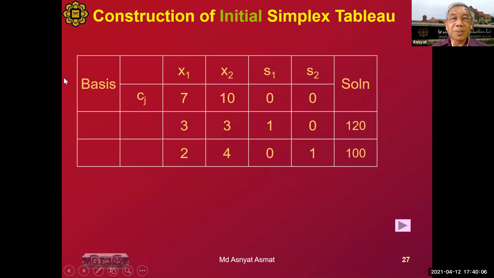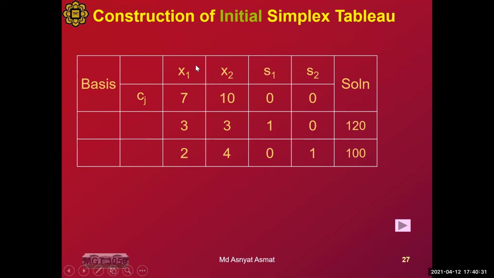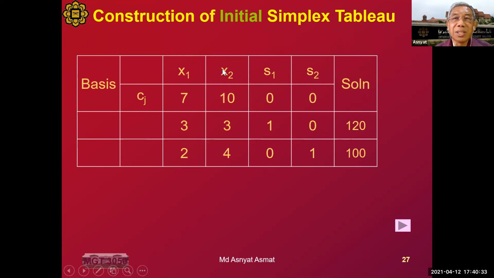Now, if I were to start at the origin, what's the value of x1? 0. x2? 0. That means x1 becomes basic or non-basic variable? Non-basic. x2 basic or non-basic?